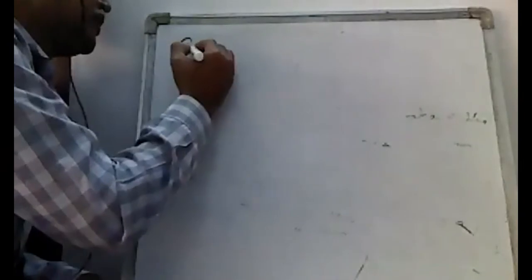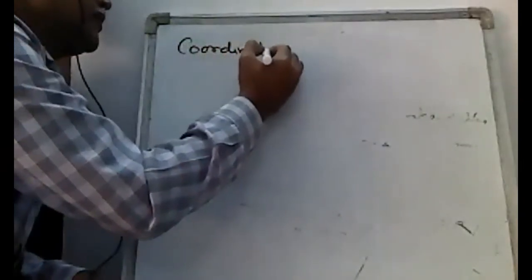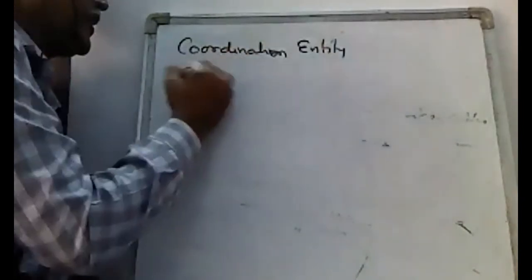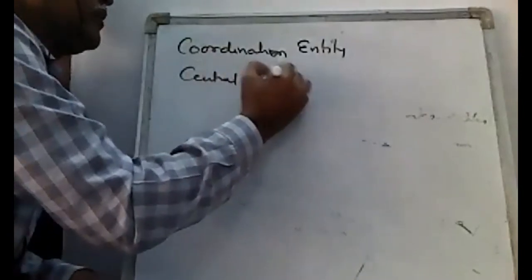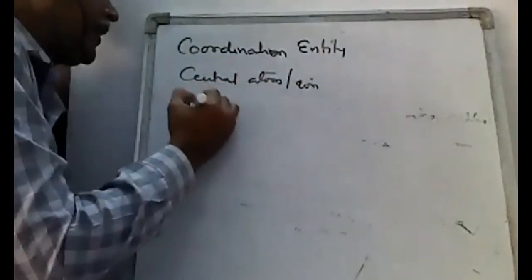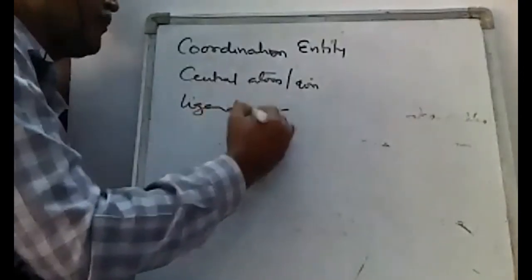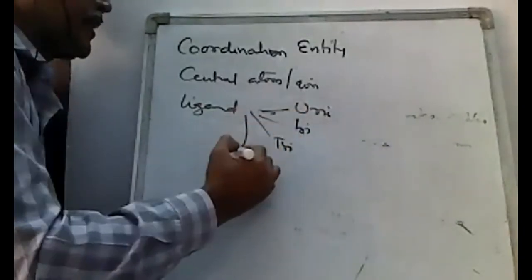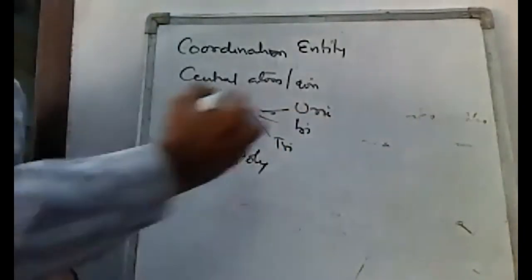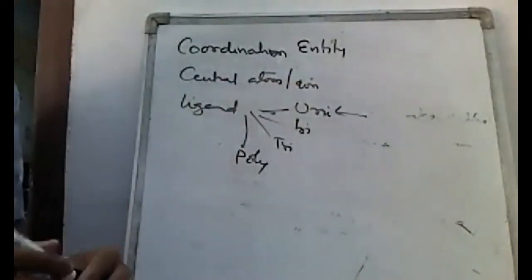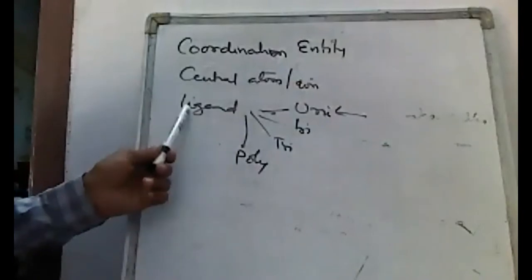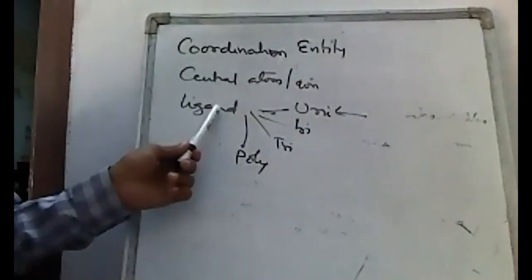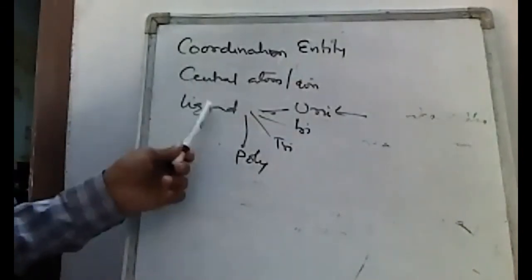So far we have seen the coordination entity, the central atom or ion, then the ligand and types of ligands: unidentate, bidentate, tridentate, tetradentate, and polydentate. A ligand is an atom, molecule or ion which can donate a lone pair of electrons to the central atom and form a coordinate covalent bond.